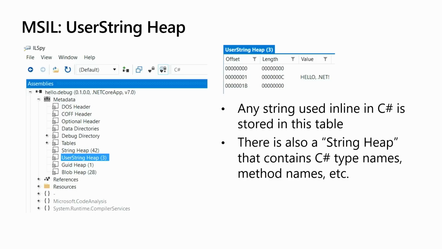And that'll contain any strings that are in your code. So like any constant string like hello world that's in the middle of your C# code will be in this table. There's also a string heap, and what that will contain are class names, method names. So the string heap is more about actual C# names of members, while the user string is more like inline strings that are within your code.